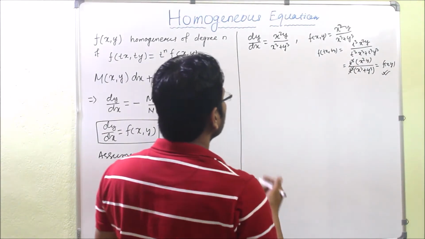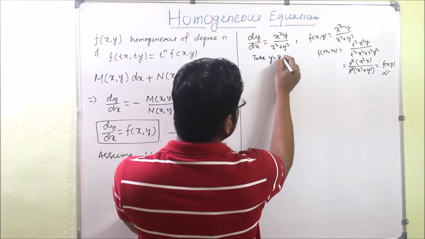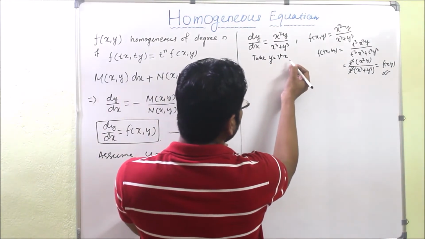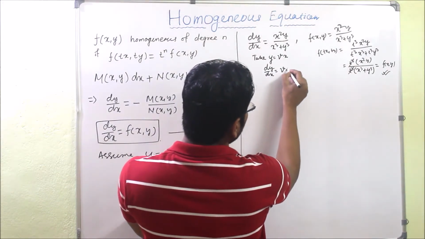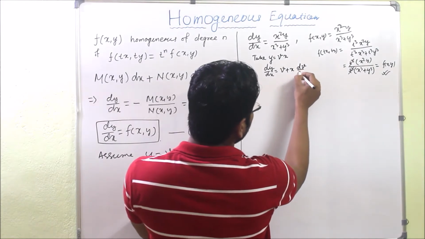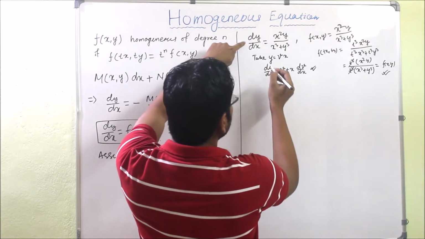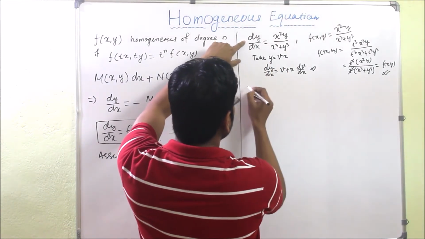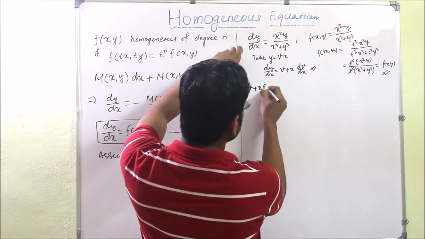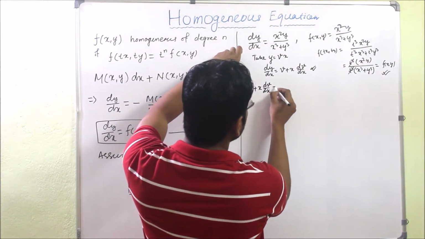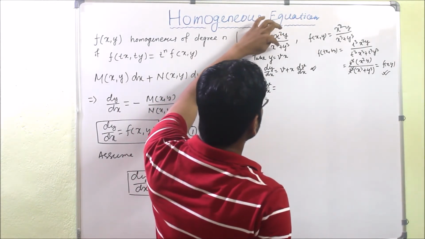Now what to do after that? We have to take y as v into x. If we take y equal to v into x, then dy by dx will be v plus x dv by dx. Now this dy by dx you have to put in this equation. So the equation now becomes v plus x dv by dx equal to x cube into y by x cube plus y cube.